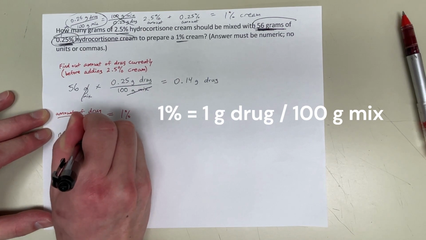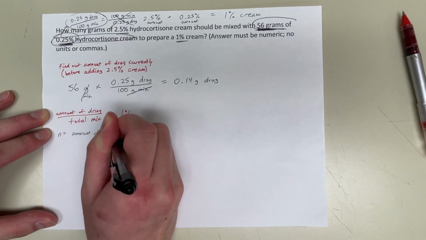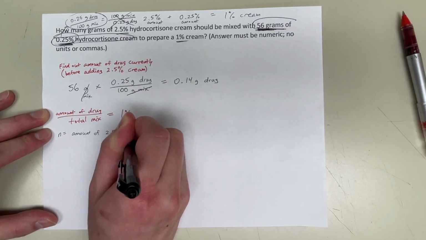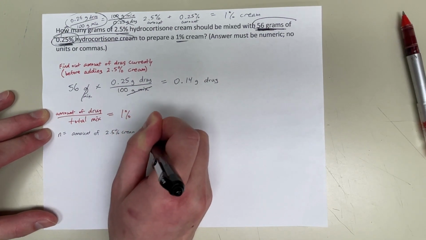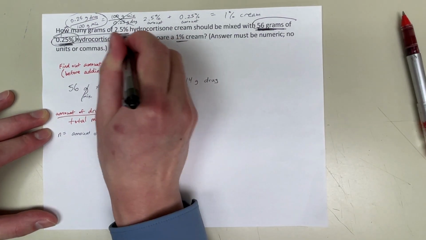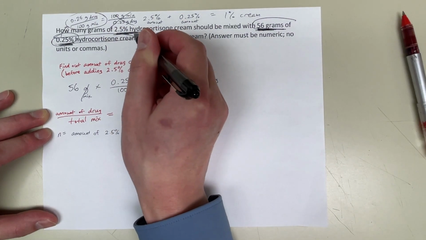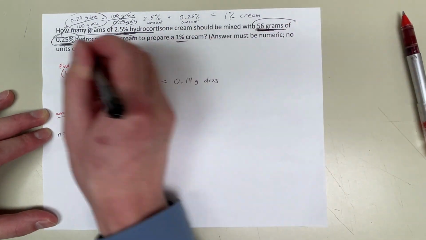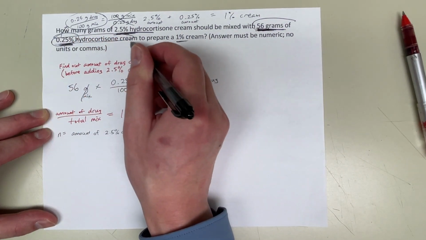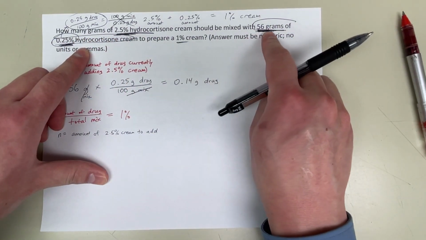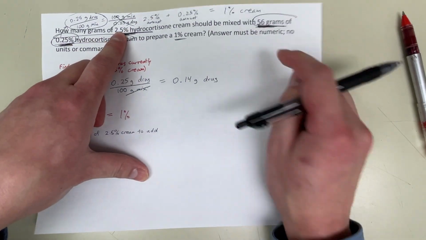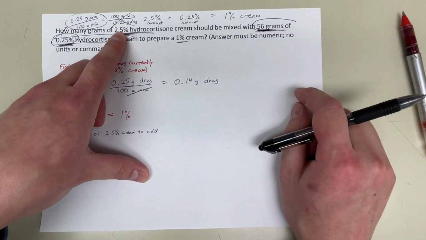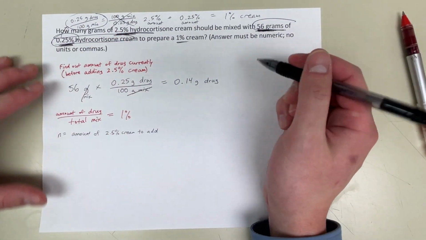N equals the amount of 2.5% cream to add. Because we're adding this 2.5% cream to the 56 grams of 0.25% hydrocortisone cream that we have to use no matter what, and we're adding an unknown amount of 2.5% hydrocortisone cream.